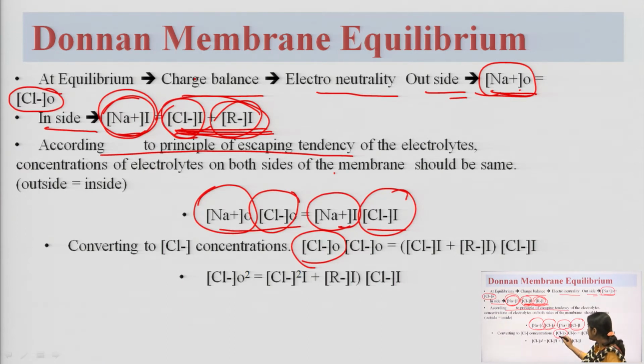Now, as here we have two similar terms, it will be concentration of chloride outside to the power square is equal to Cl minus to the power square inside plus concentration of your anionic polyelectrolyte multiplied by concentration of chloride.